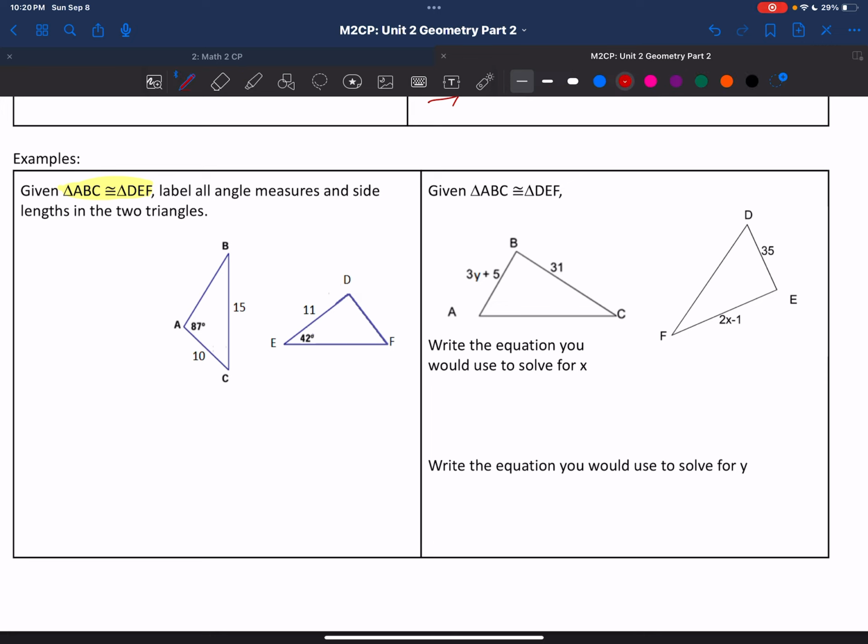So let's look. We see A is 87, and A goes with D, which should also be 87. And we know that angle B should go with angle E. So this should be 42.